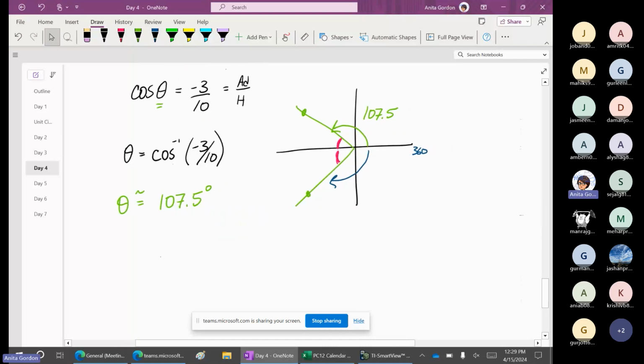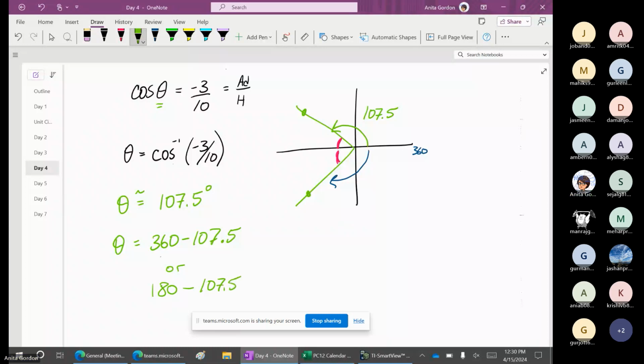Okay, so our calculator gives us our first solution. Our diagram helps us find our second solution. So our second solution will be 360 minus 107.5, or you can say 180 minus 107.5 equals, I think we get 72.5. And then we add it to 180, and this will still give us the same answer, which is 252.5.